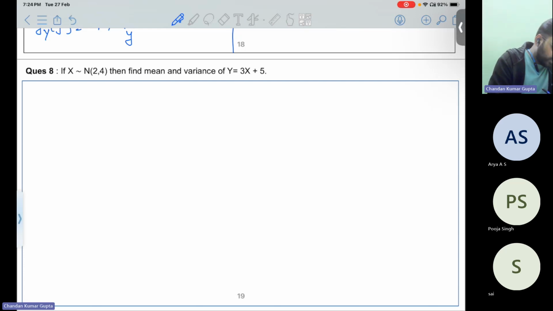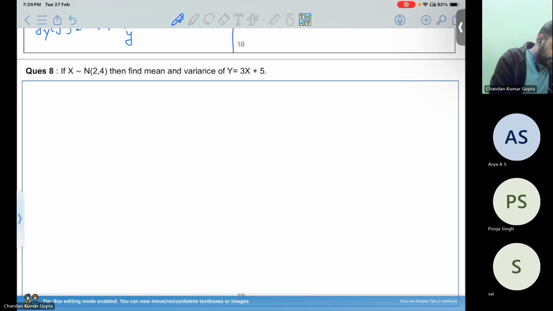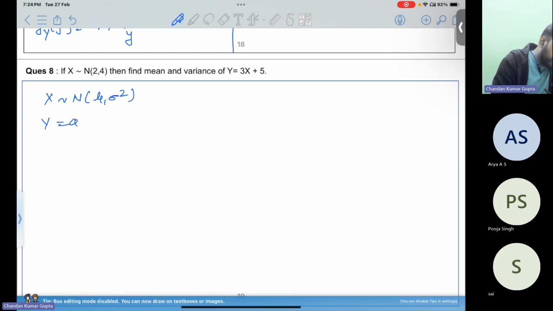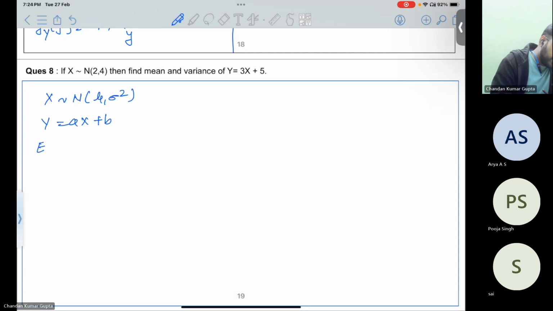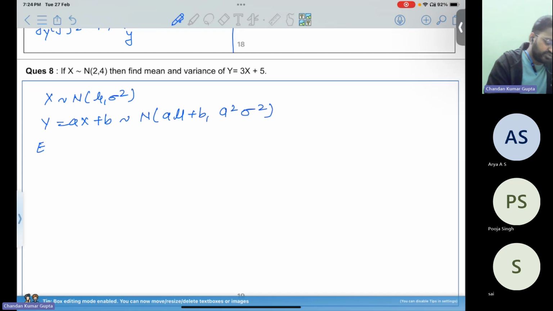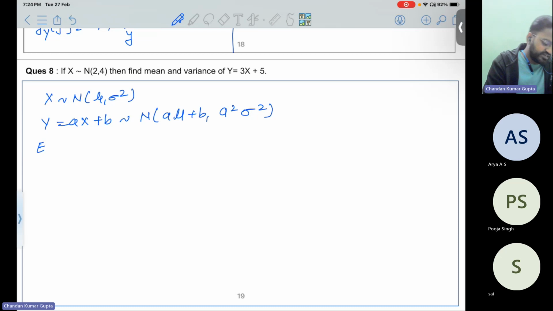Okay, since x follows normal mu and sigma square, and y equal to ax plus b, then it also follows normal with a mu plus b and a square sigma square. We have already discussed this property in the previous slide.